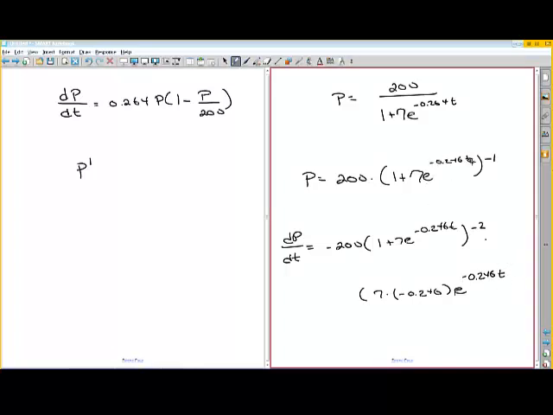So we are applying the chain rule here as well. This would be like u. So the derivative of this is e to the u, and then you multiply by u prime. Derivative of negative 0.246 t is just negative 0.246.